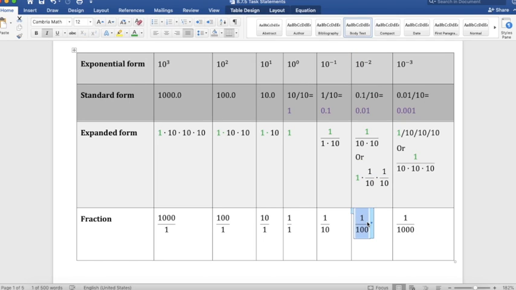We play hangman at school and it would be really fun, but it would be a nice Wednesday activity. They're the reciprocal. So 1 over 100 is the reciprocal of 100 over 1. So these fractions are flip-flopped. This was 1 times 10 times 10, and this was 1 over 10 times 10, or 1 over 10 times 1 over 10. So 10 to the negative second is the reciprocal of 10 squared.